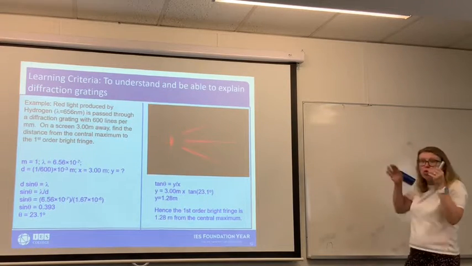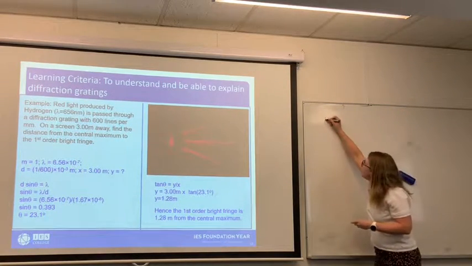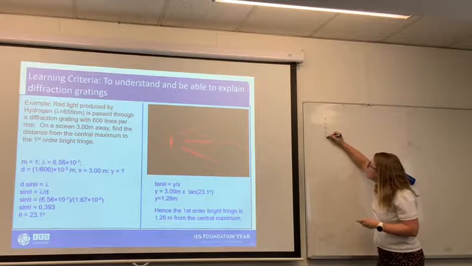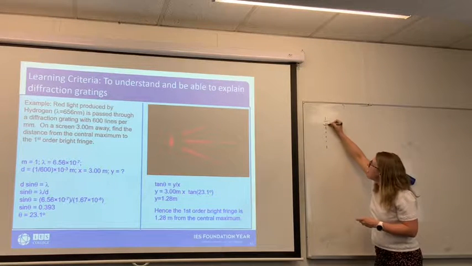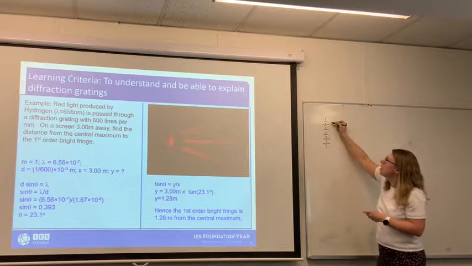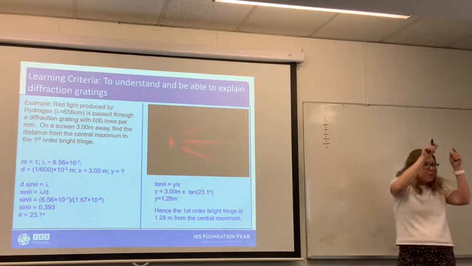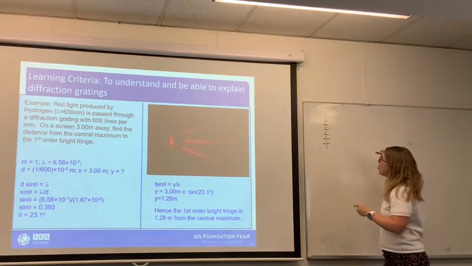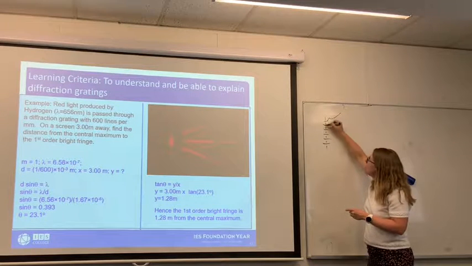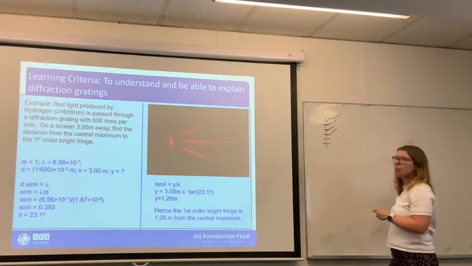So if you were to zoom in, there would be 600 gaps in which the light could go through. That's really terrible. Let me start again.